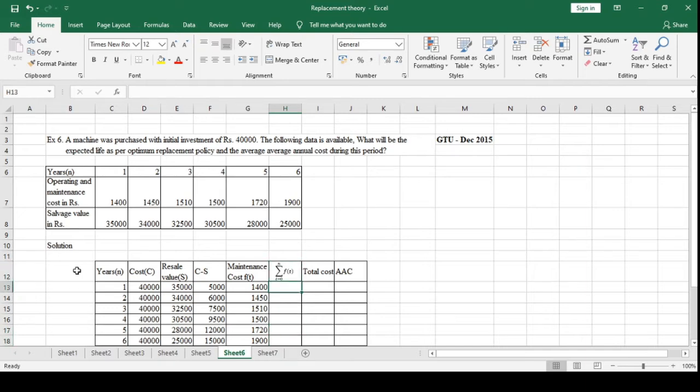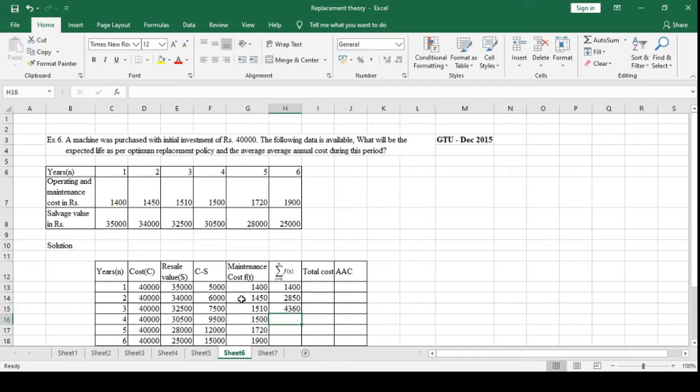Now we will write down the summation of the maintenance cost. For the first year it will be 1400. For the second year it will be 1400 plus 1450, so your answer will be 2850. For the third year it will be 1400 plus 1450 plus 1510, so your answer will be 4360.